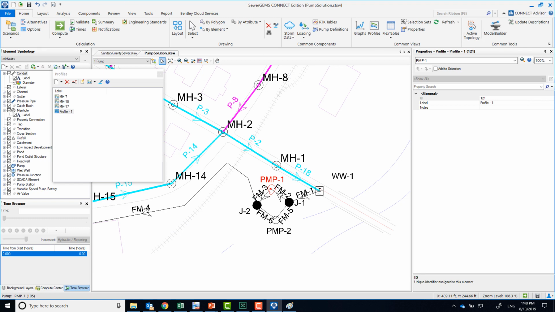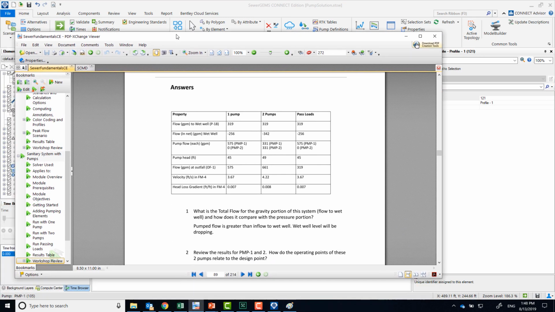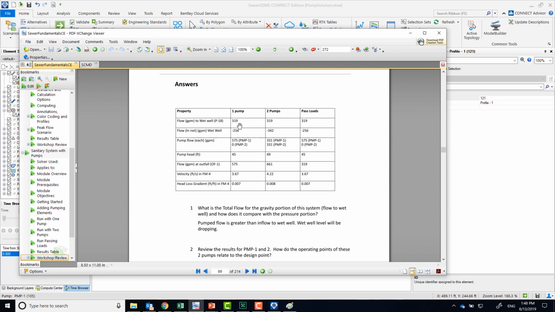All right, so now that we understand that, let's go back and look at all the other numbers. So it says 319 gallons per minute are going into the well from the gravity system. And then 575 are being pumped out.